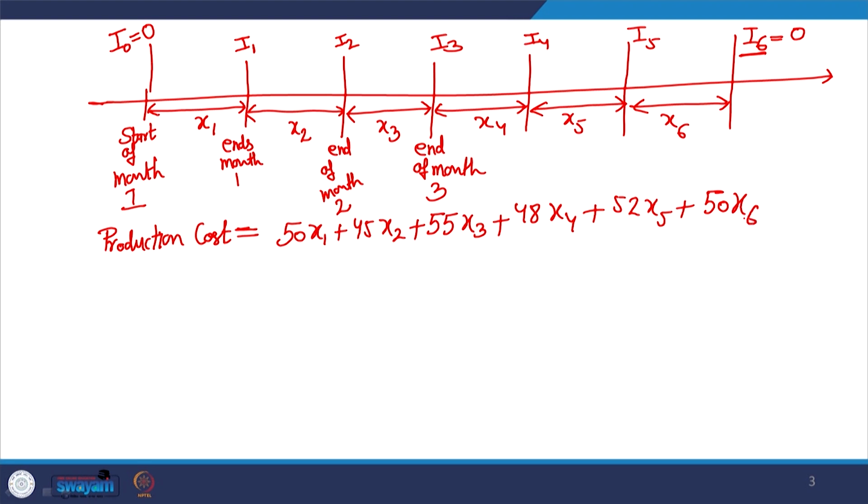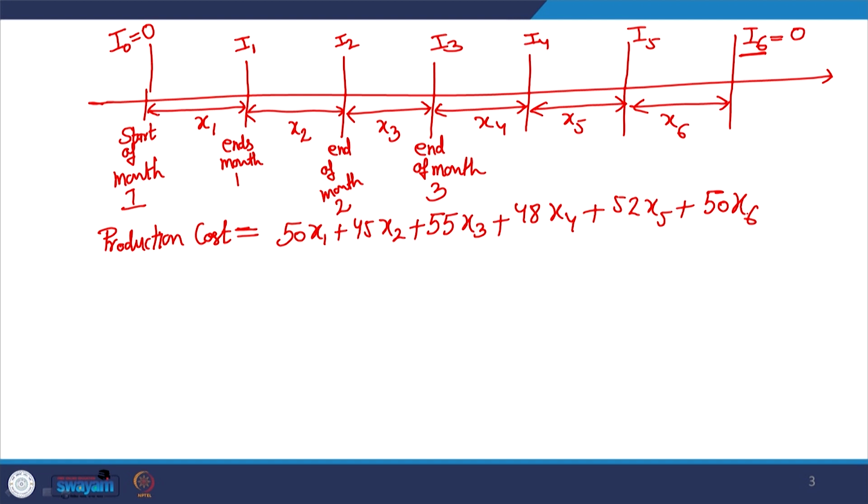For 6 periods this is going to be my production cost, because the production cost varies from period to period. I am producing x1, x2, x3, x4, x5, x6 different numbers of units in different periods.